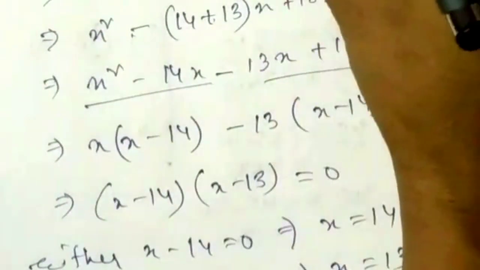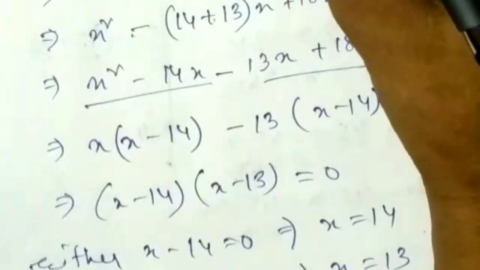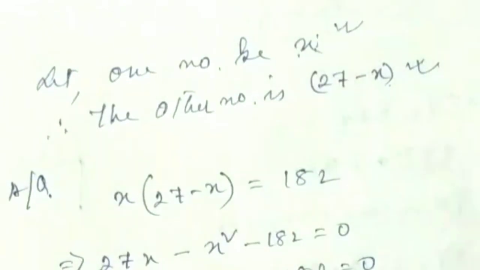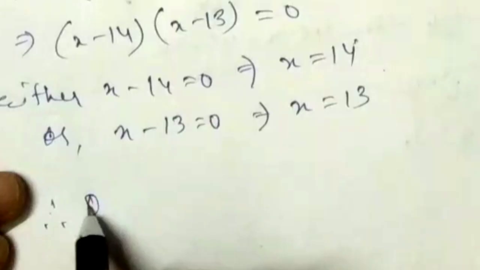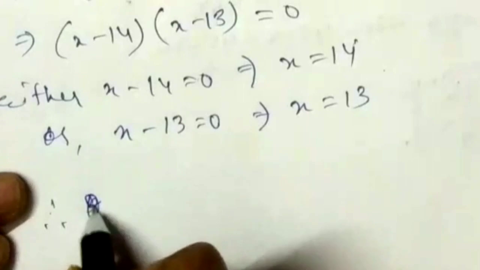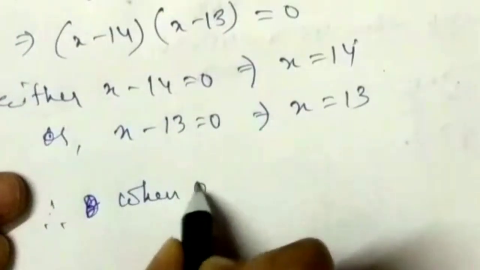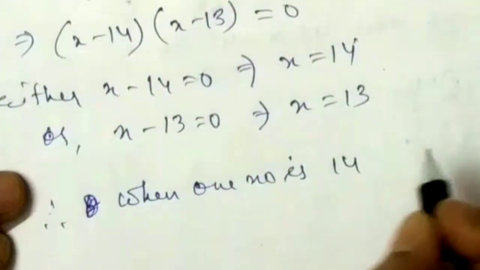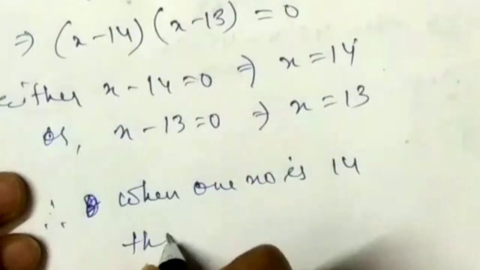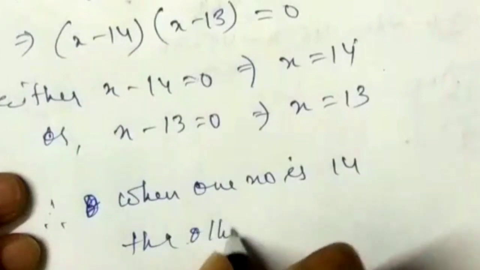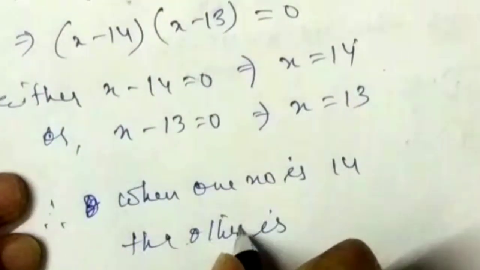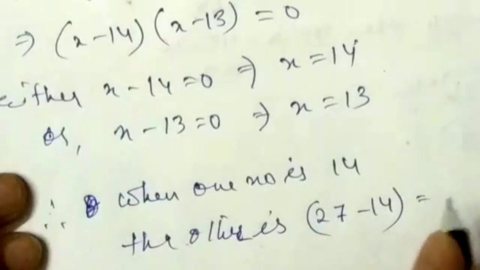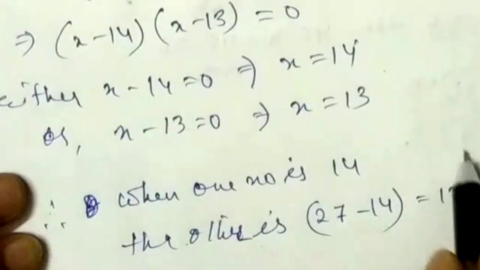Like the previous one, if you take 14 for this x, therefore when one number is 14, the other is 27 minus 14, that means 13.